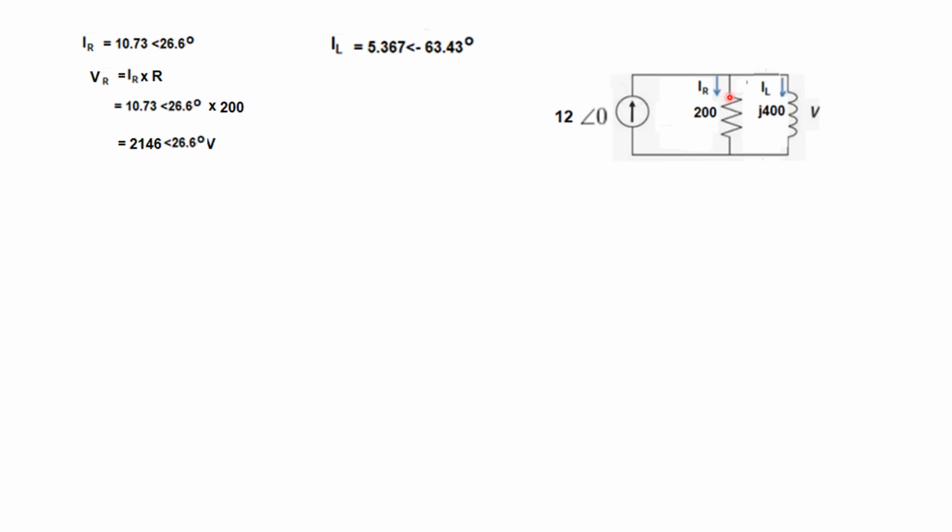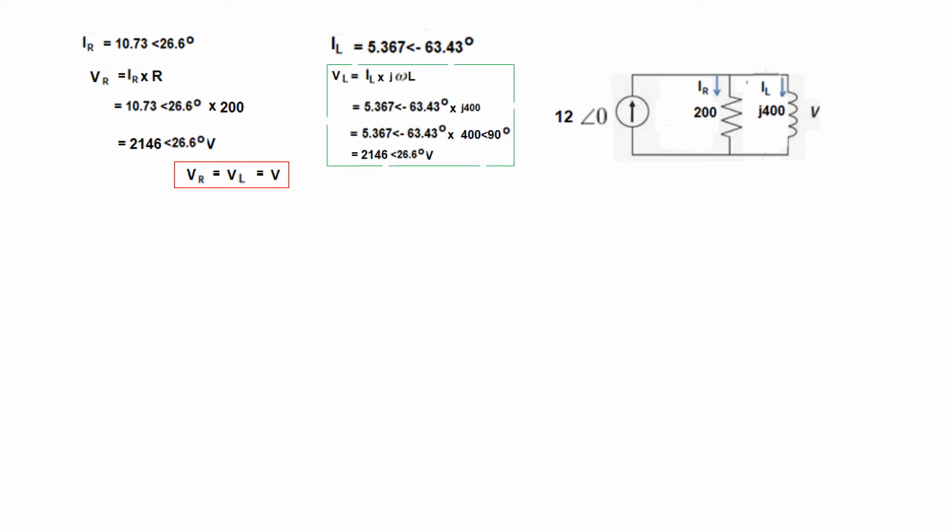Now since they are in parallel, VR should also be equal to VL. So we can directly write that VR is equal to VL is equal to V. Those of you who don't believe can solve this and you will find the same answer. So VR is equal to VL.